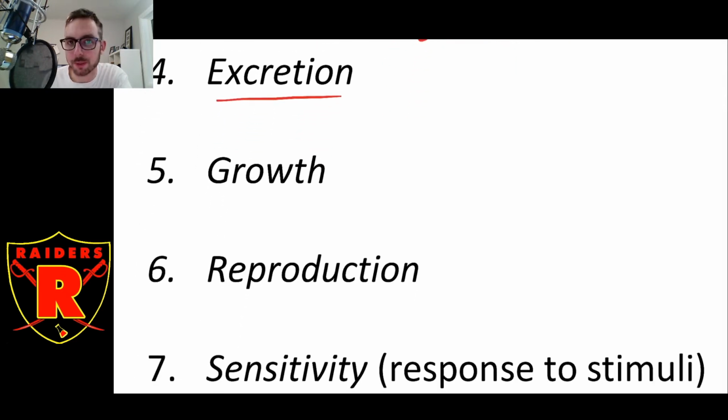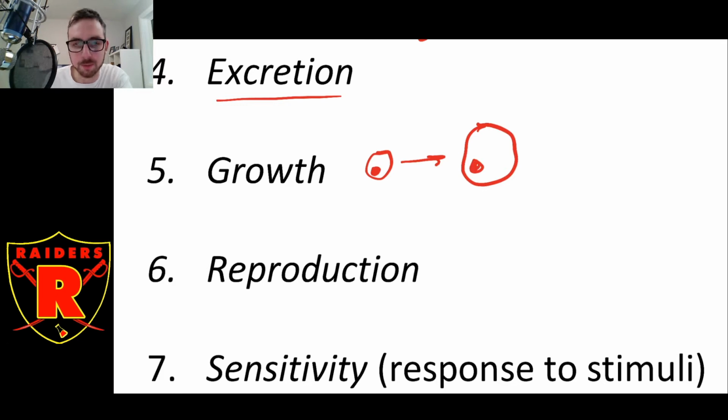All organisms exhibit some type of growth. If you're a single-celled organism, just one cell, maybe you have a nucleus, if you're a protist, or maybe you don't even have a nucleus, maybe you're a type of bacteria, you're going to grow into a larger organism.